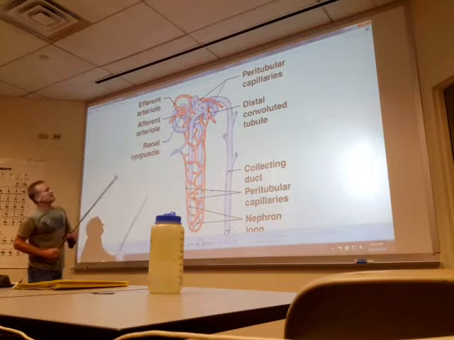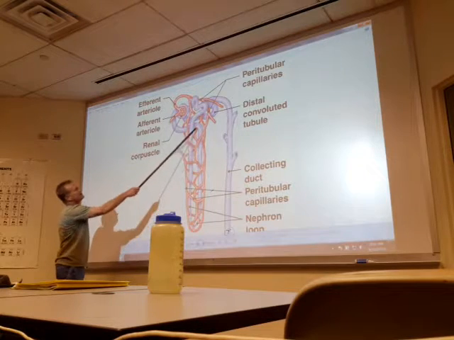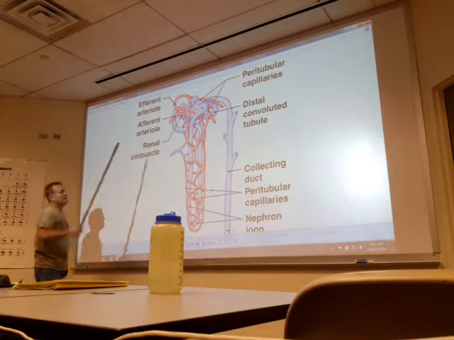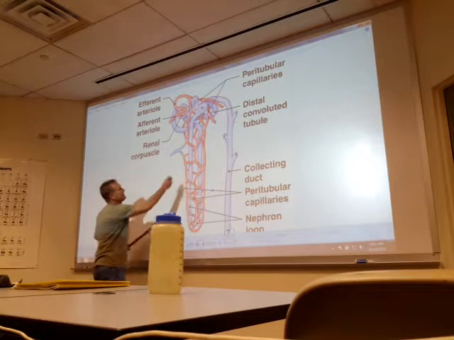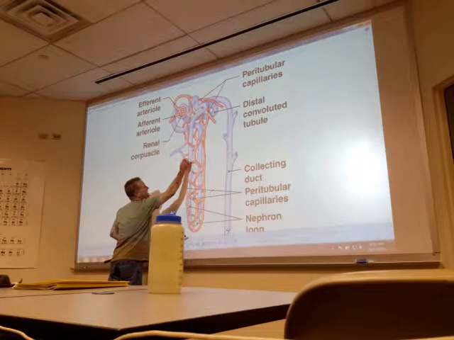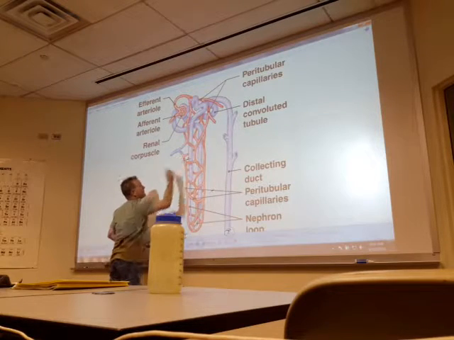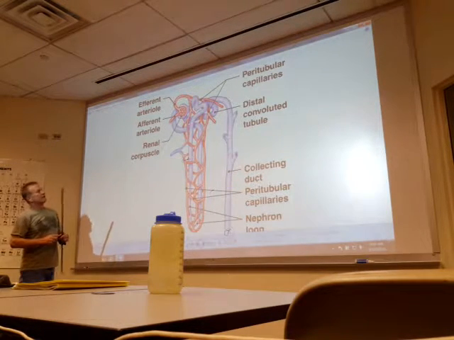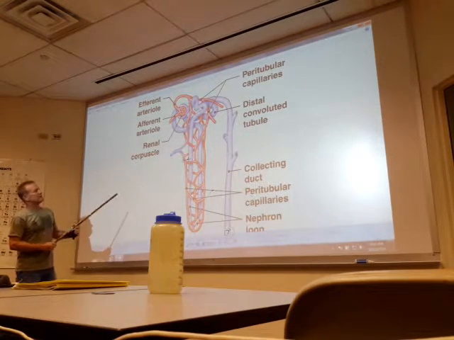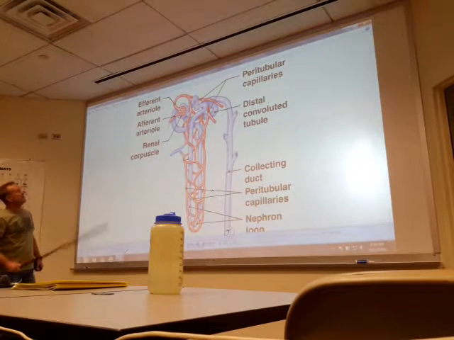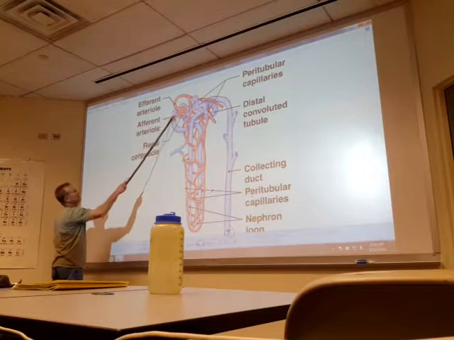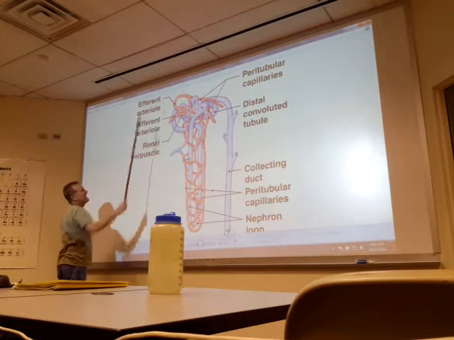So if you want to keep it, some part of this tubule, and again there are 5 parts there, some part of that tubule has to be permeable. So if that part of the tubule is permeable to glucose, the glucose moves out of the tubule, is reabsorbed, meaning put back where it was, put back in the blood, so that the glucose that was in the blood here is in the blood coming out.